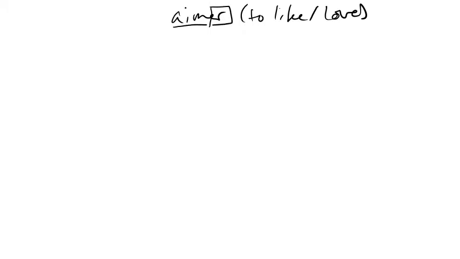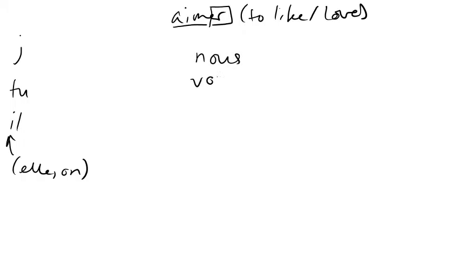So just like before, we're going to set this up. So je, tu, il, and with il, remember elle and on are conjugated the same way. Nous, vous, and ils, which is they, or elles, which is they if there's more than one girl, just girls.